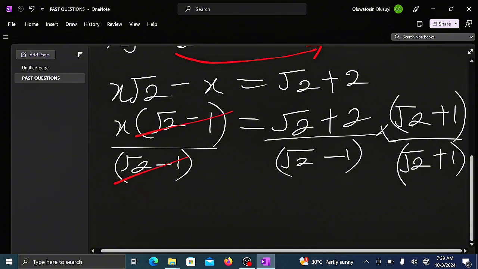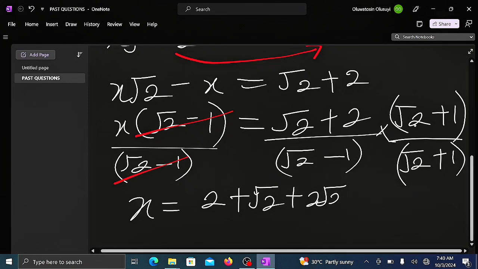So root 2 times root 2. From here I can say x is equal to root 2 times root 2, don't forget that is 2. Root 2 times 1, that's root 2. Then 2 times root 2, I have 2 root 2. 2 times 1, that's 2.